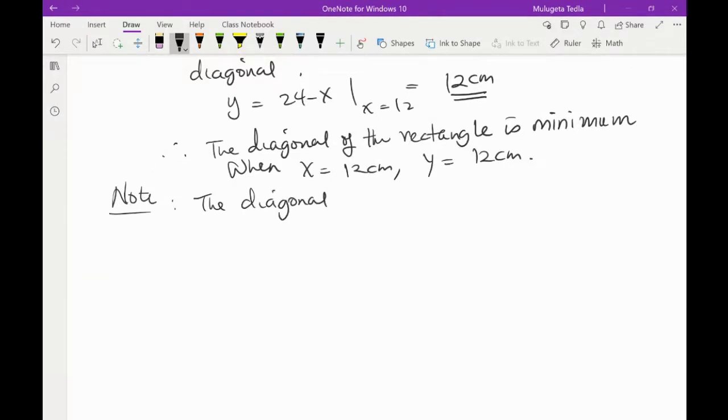You can take examples and check. The diagonal is minimum, not maximum. The area was maximum when it was a square. Minimum when it is a square. Well, a square is a rectangle, you know.